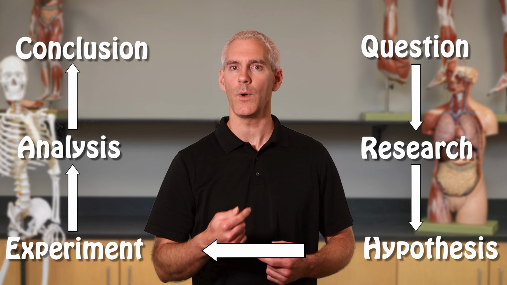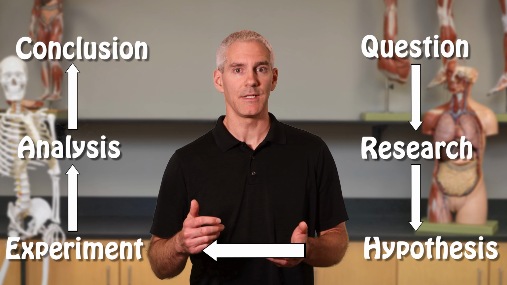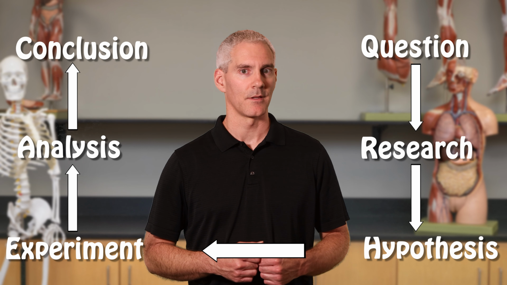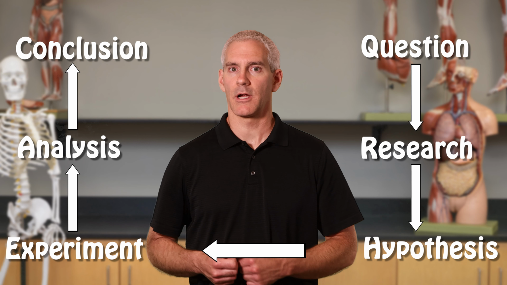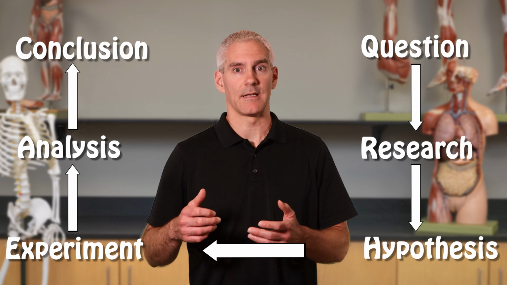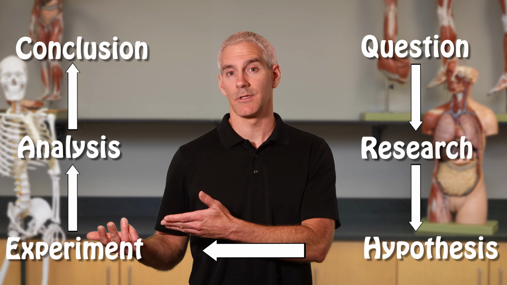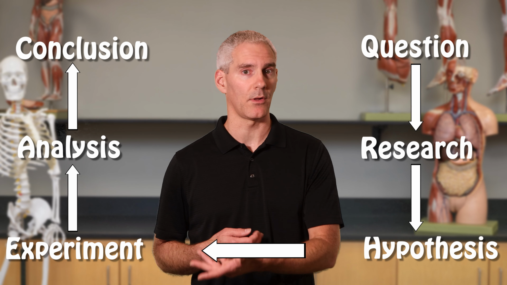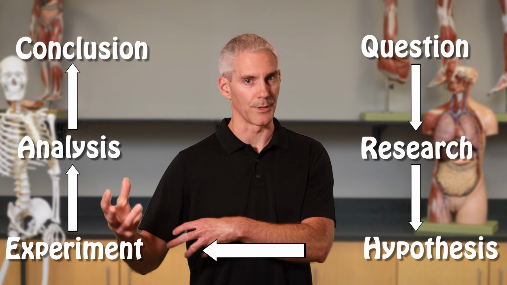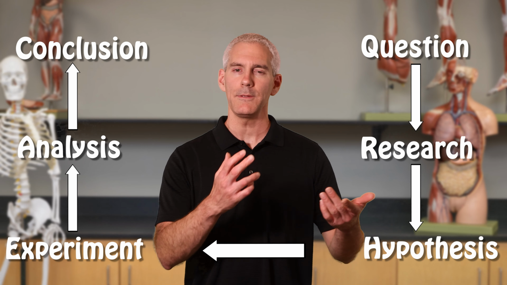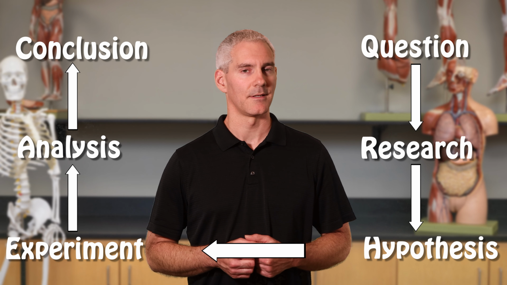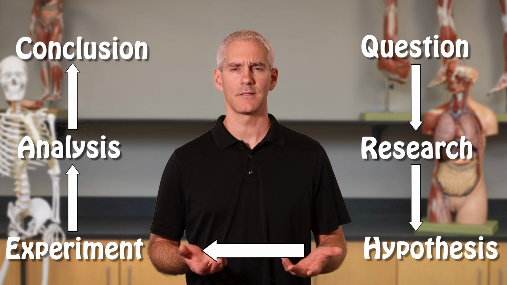And now at any point through the process here, you might need to restart because maybe your experiment didn't work. You have to then start a new experiment. Maybe in the analysis phase, you realize that there was an extra variable in there you're trying to figure out. You've got to restructure. Or maybe you made it all the way to the conclusion and then you realize, you know what?